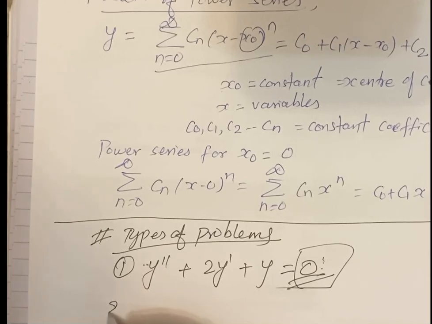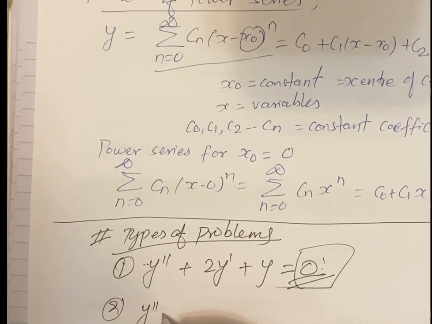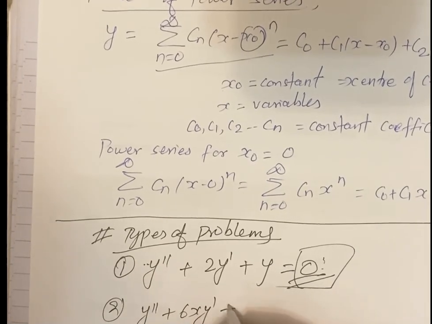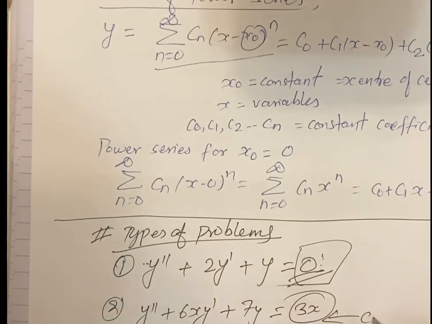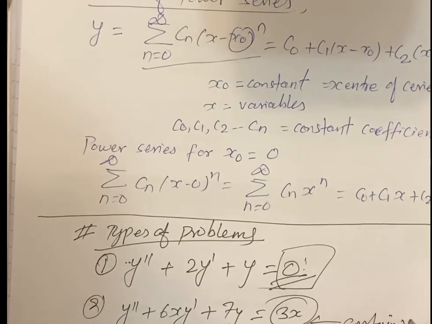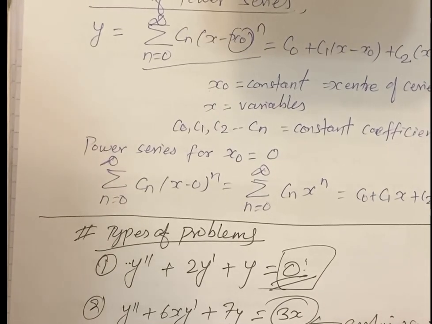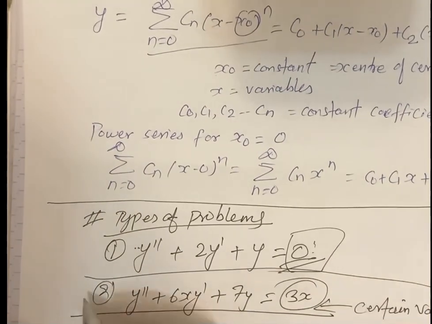The second type is given by y double dash plus 6y dash plus 7y equal to 3x, where the right side has some variable term. I am going to solve both these types of problems.